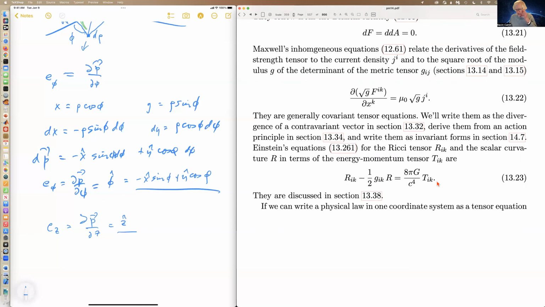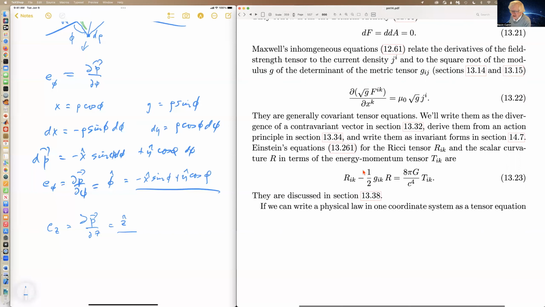And so you have a real dichotomy here. You've got gravity on one side, and then on the other side, apart from G, which is a constant, of course, you have the matter equations.